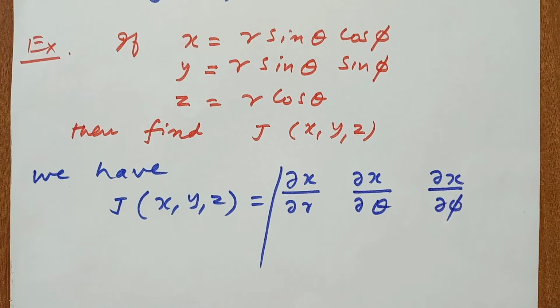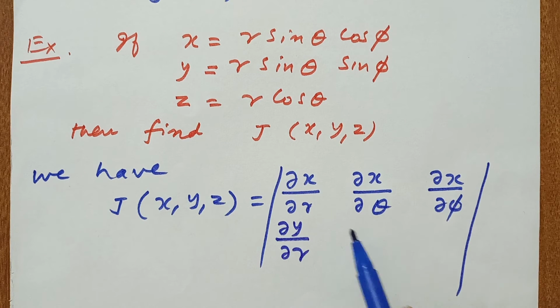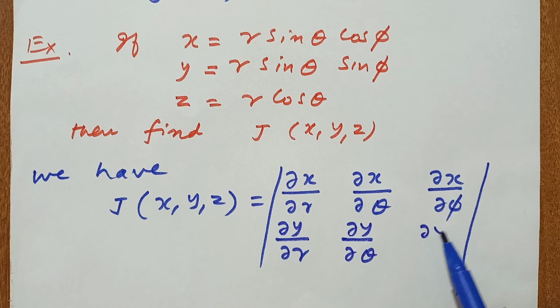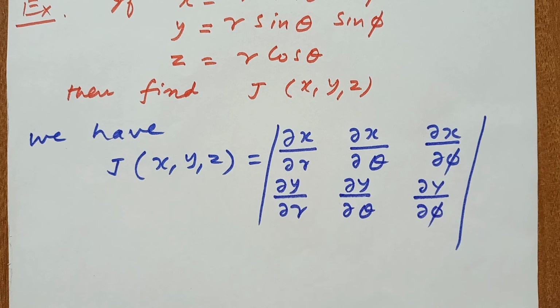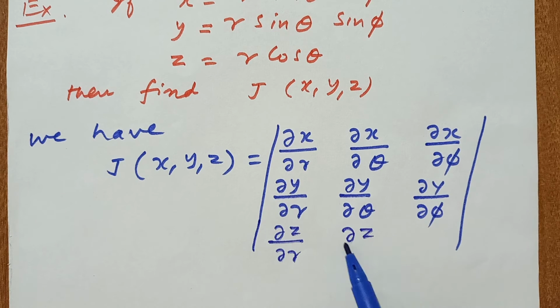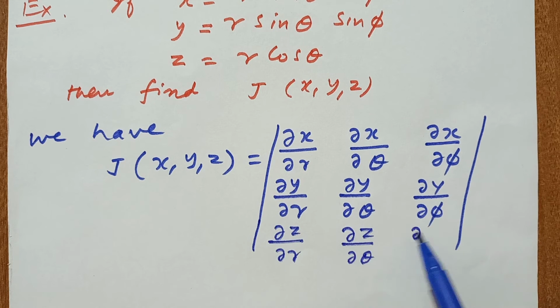Okay, and similarly in the second row, del y upon del r, del y upon del theta, del y upon del phi, and in the last row, del z upon del r, del z upon del theta, del z upon del phi.